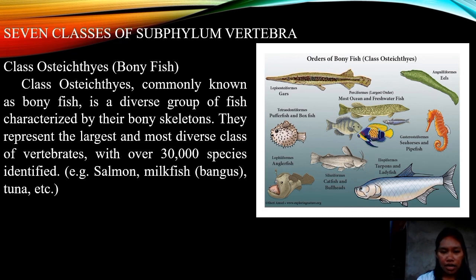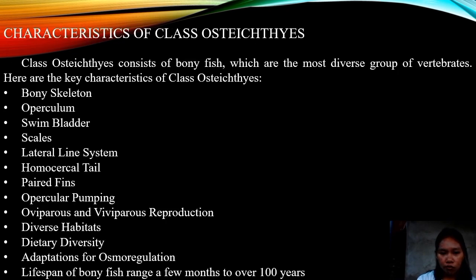So next is class Osteichthyes, which consists of bony fish, the most diverse group of vertebrates. Here are the key characteristics of Osteichthyes.